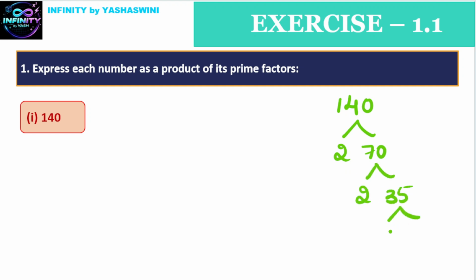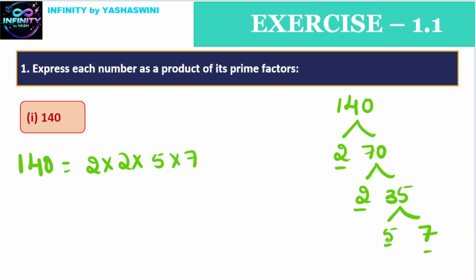Then 35 can be expressed as 5 into 7. We cannot further divide 7, so we can write 140 is equal to 2 into 2 into 5 into 7.